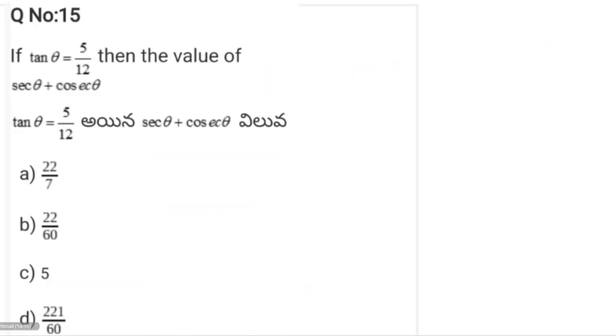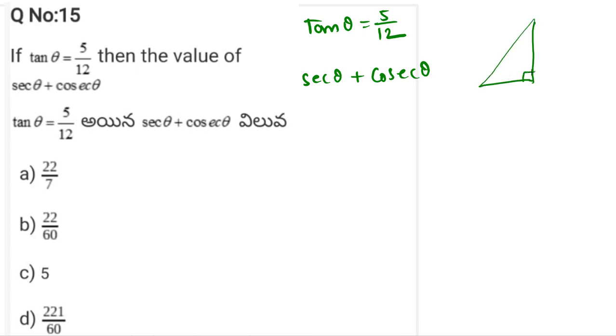Next, the last problem. If tan theta equals 5 by 12, then the value of secant theta plus cosecant theta. Given that tan theta equals 5 by 12, we need to find secant theta plus cosecant theta. If you draw the diagram, tan theta is opposite side by adjacent side.